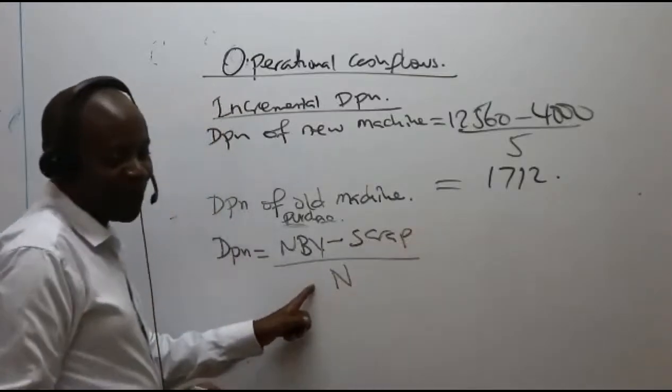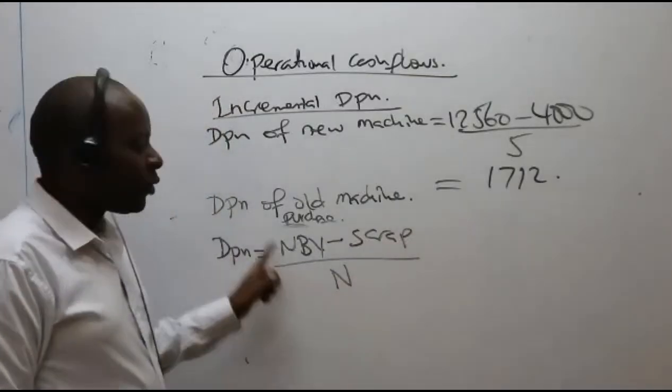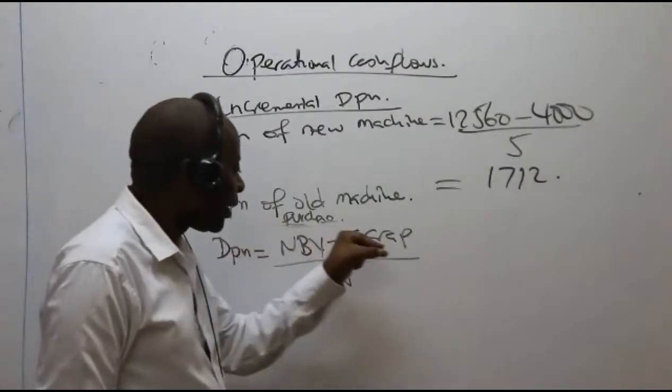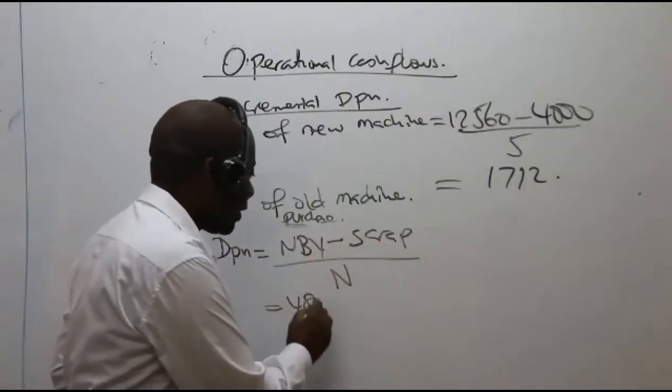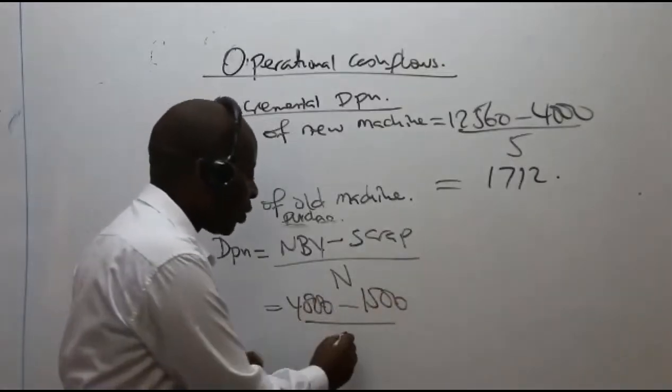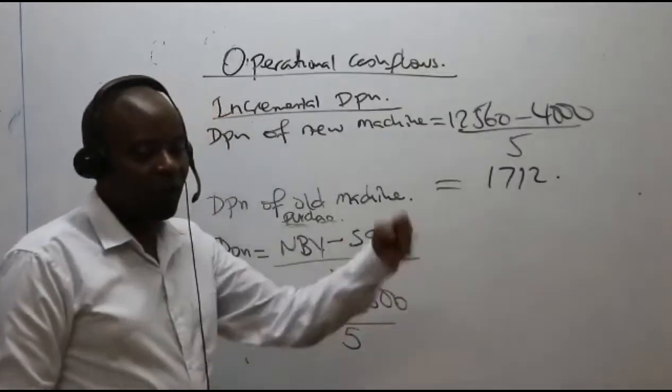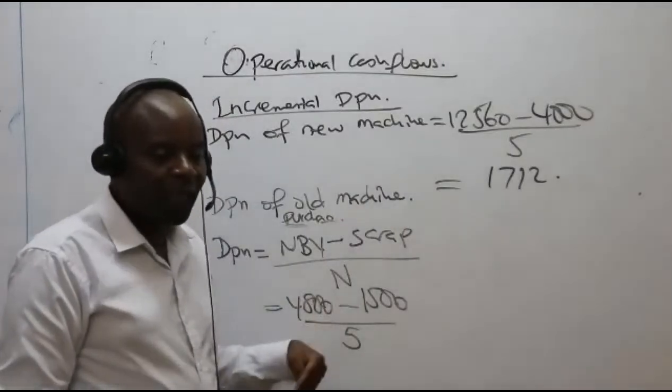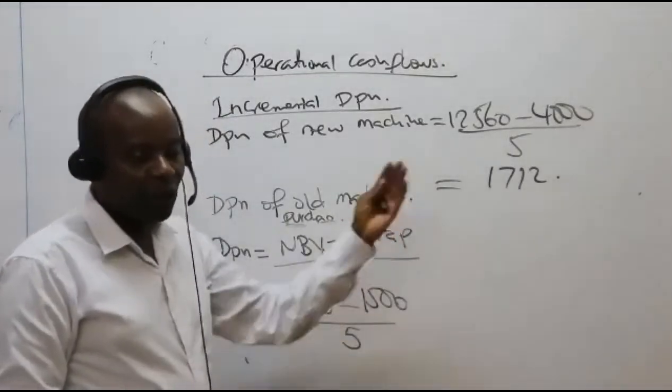So net book value as at the time of changing the period is 4,800 minus the scrap, which is 1,500, all over n, which is what year? 5 years from today, moving forward. Don't tell me the thing of 7.